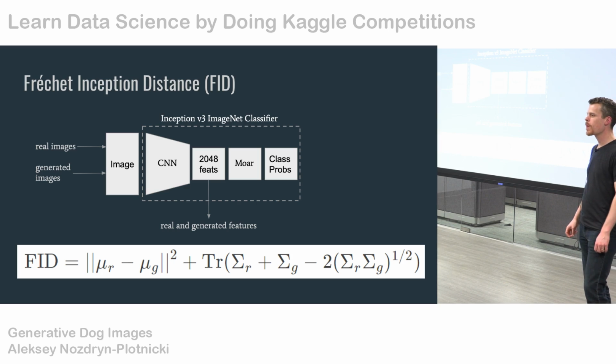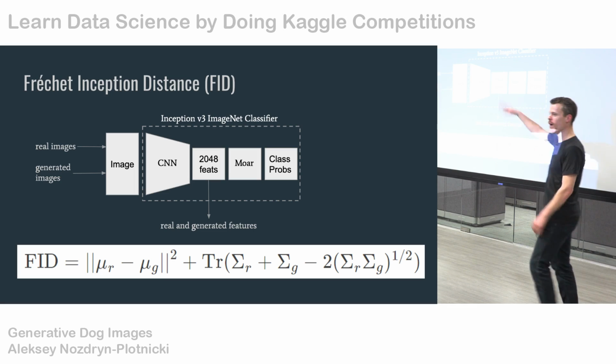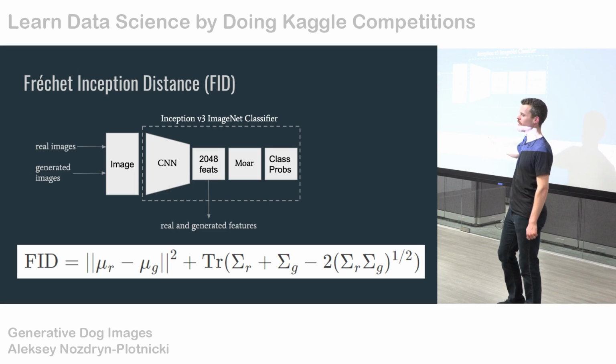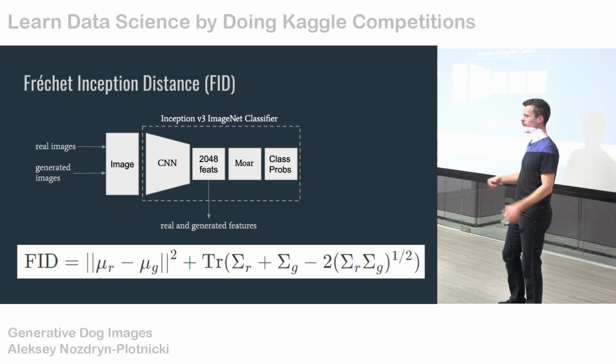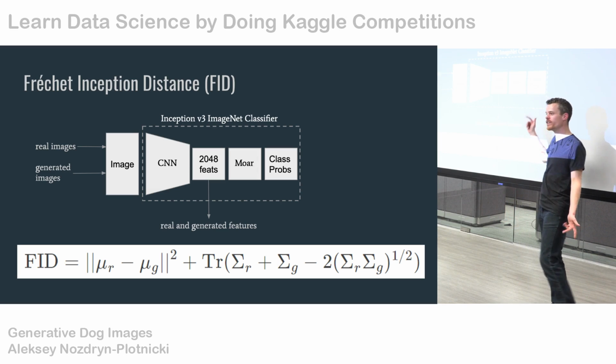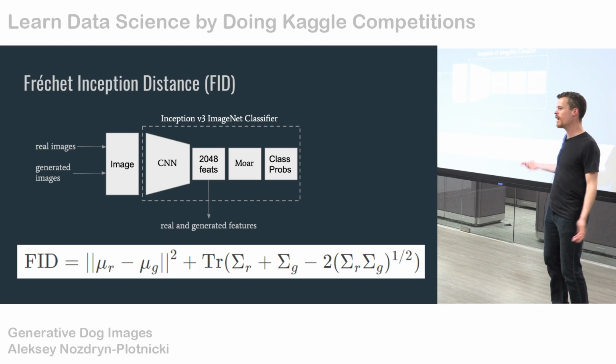So the 2048 features, are they 2048 for the real images and 2048 for the generated images? Yes. This magical box somehow turns an image into 2048 numbers. And those numbers, if you inspected them in the right way, somehow carry meaning as to what's in the image. They get used to do classification, so it must be somehow carrying meaning.